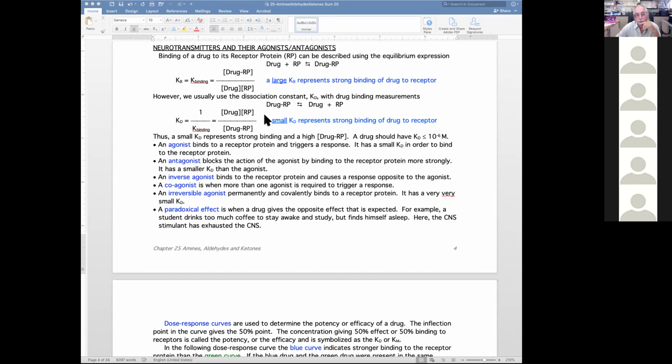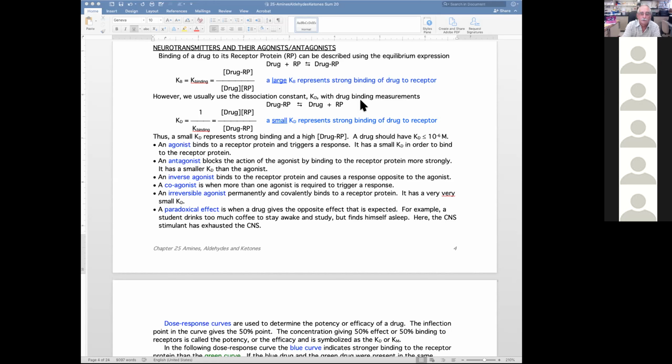They talk about the dissociation constant rather than the binding constant. And it's simply the reverse of the binding constant. And it's kind of unfortunate that they do, but they do. So in this case, a small dissociation constant represents strong binding of the drug to the receptor.